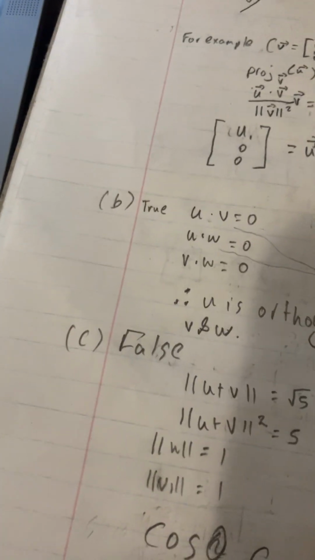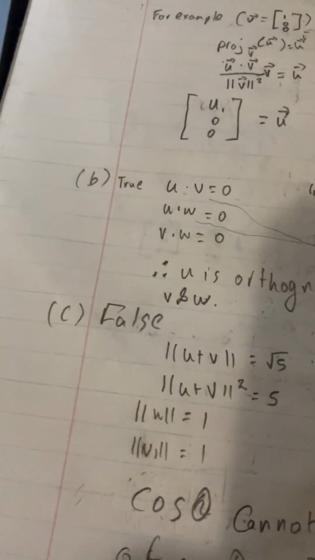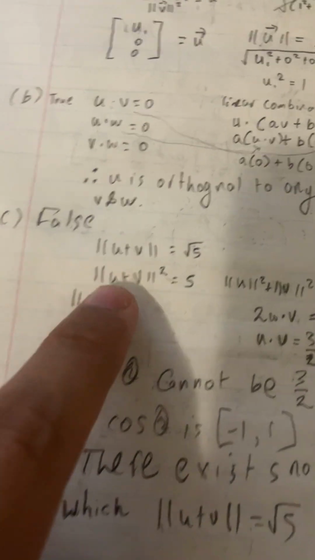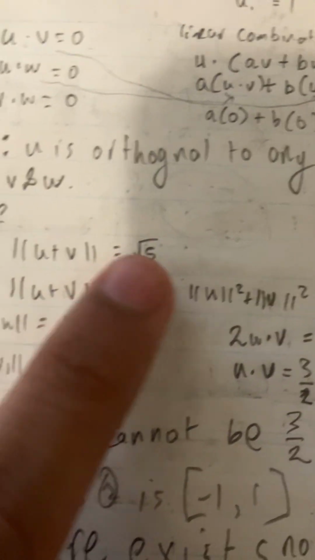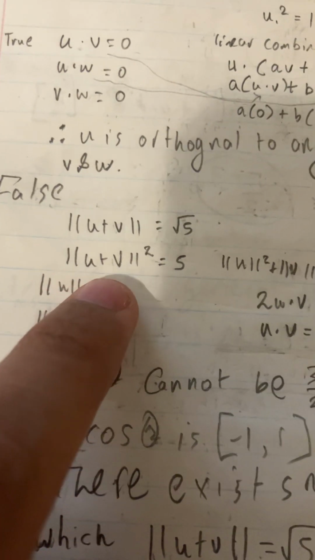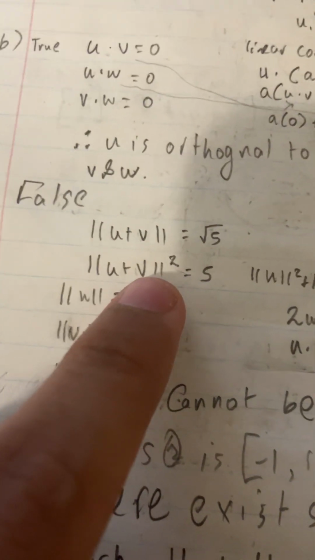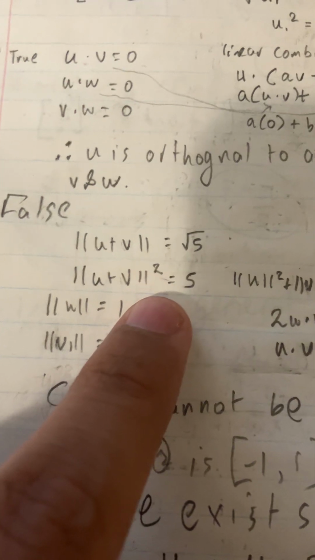The next question states that there exist two unit vectors U and V in R squared such that the magnitude of U plus V is equal to square root of 5. So if the magnitude of U plus V is equal to square root of 5, then the magnitude of U plus V squared is equal to 5, right?